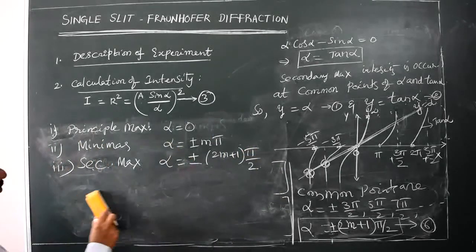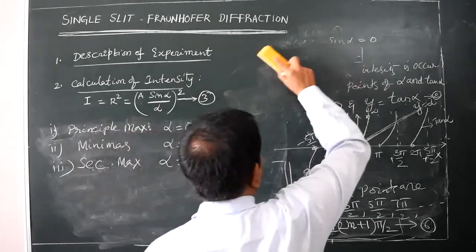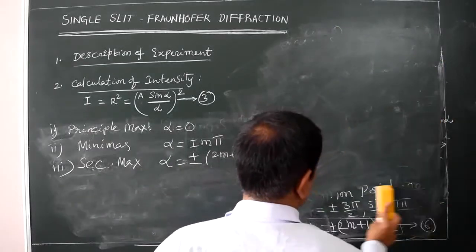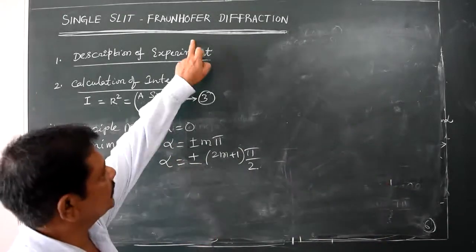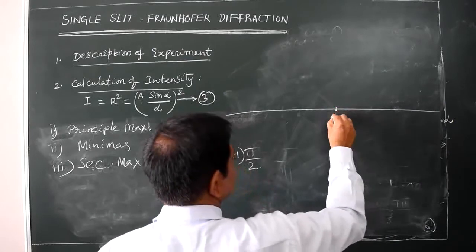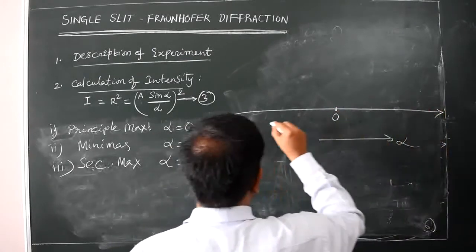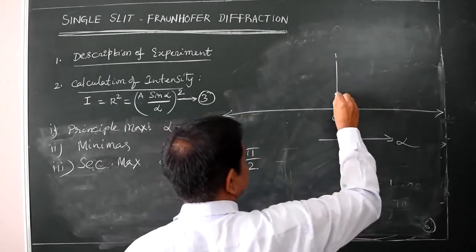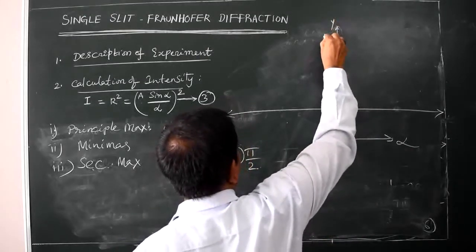Now consolidating all these three cases into one picture, that is the distribution of intensity due to single slit at the point P. The distribution of intensity due to single slit is drawn like this. Take this as the point 0, take alpha on the x-axis and intensity on the y-axis.